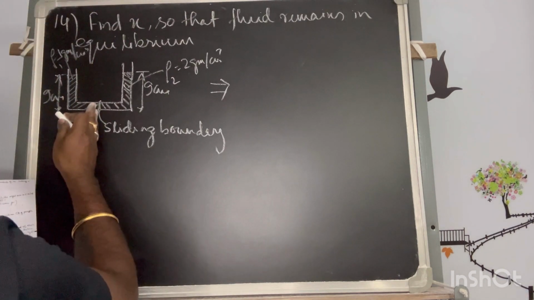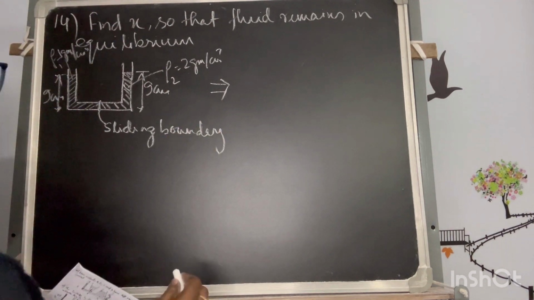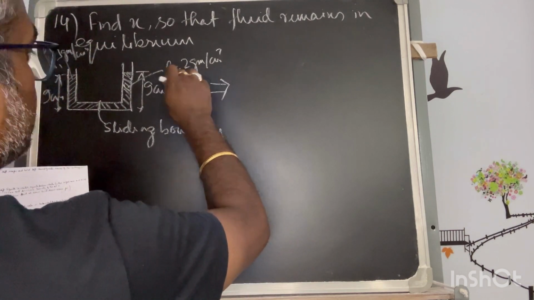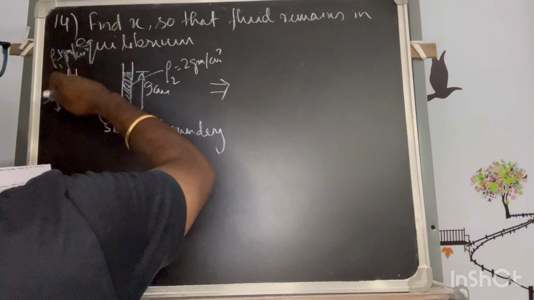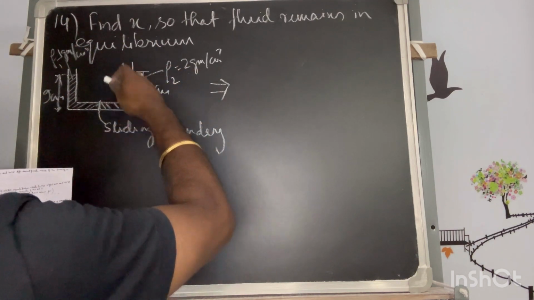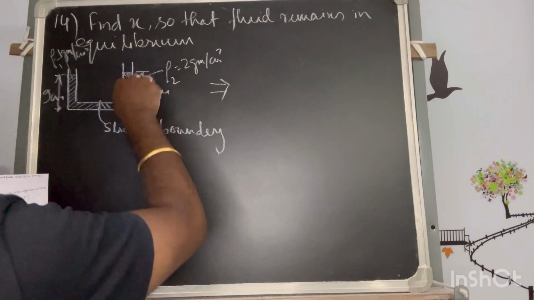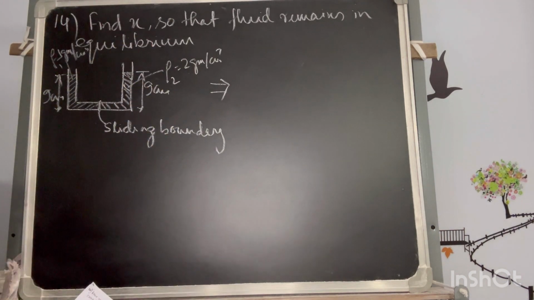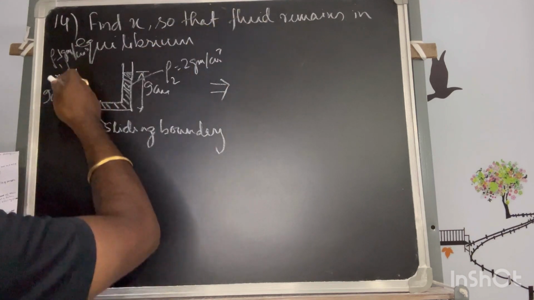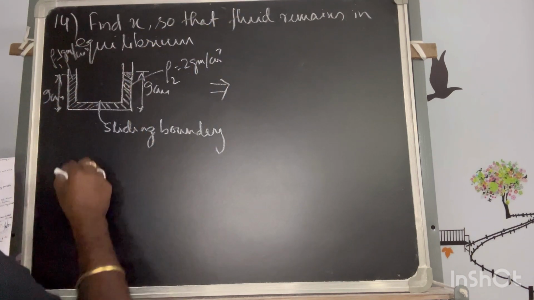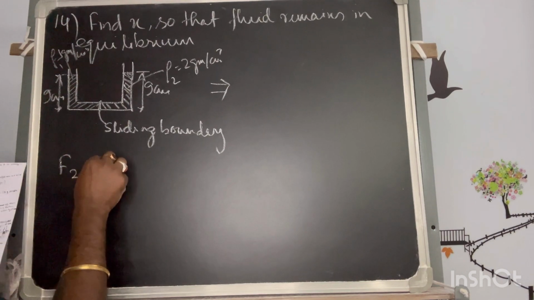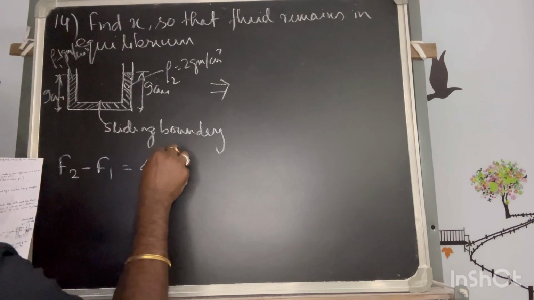But when that force is removed from the sliding boundary, as this has more density, for the same column of liquid this will create more pressure. As the cross section of this arrangement is uniform everywhere, that we can take into consideration, even though it is not said; from the diagram you can say the cross section is the same. So the force on this sliding boundary, F2 minus F1, will be the resultant force.